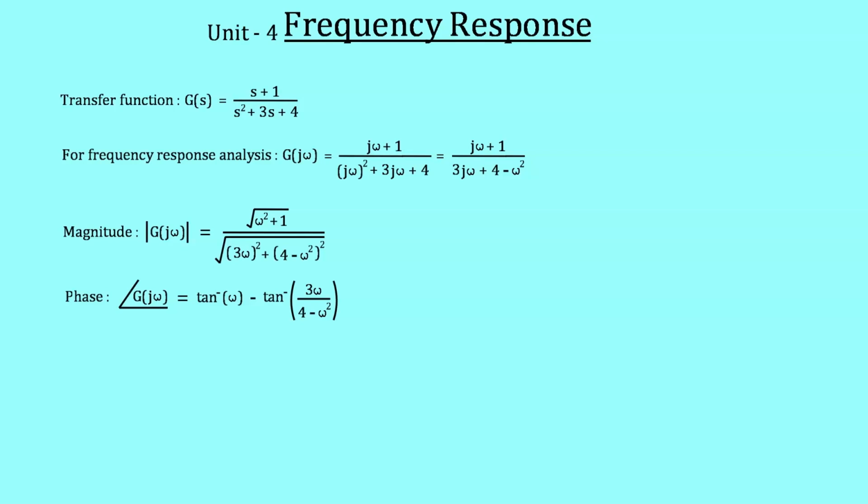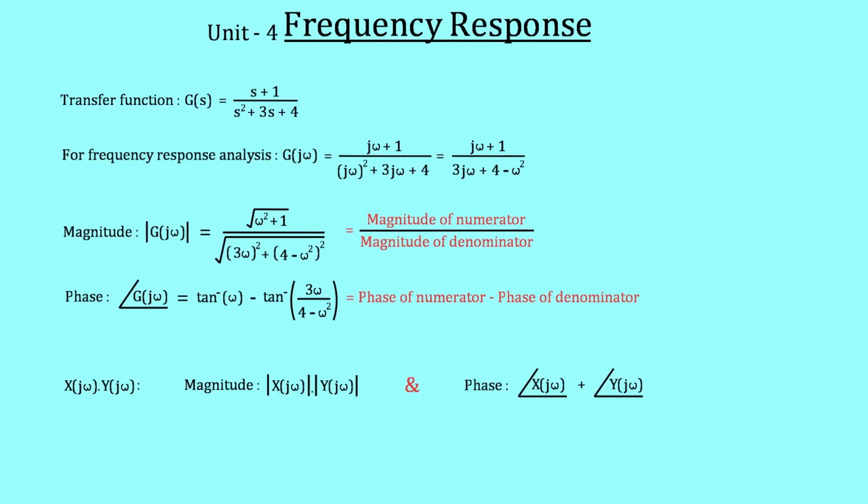If you see carefully, the magnitude is actually equal to magnitude of numerator divided by magnitude of denominator, whereas phase is equal to phase of numerator minus phase of denominator. Now suppose there are two signals which are multiplied, then their resultant magnitude will be equal to the product of magnitudes of individual signals, and the resultant phase will be equal to the sum of the two individual phases.